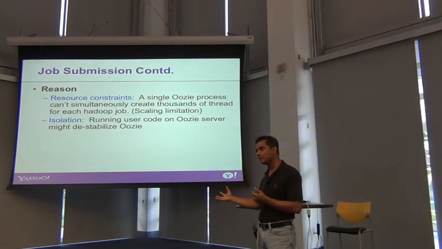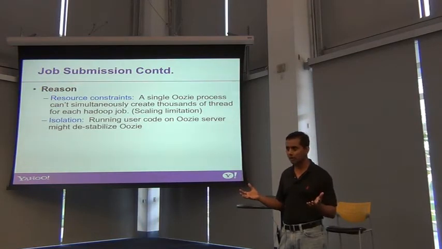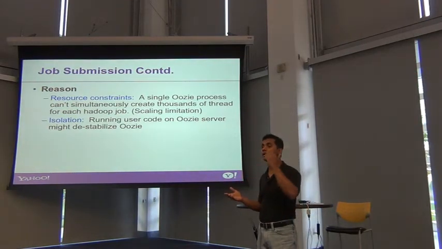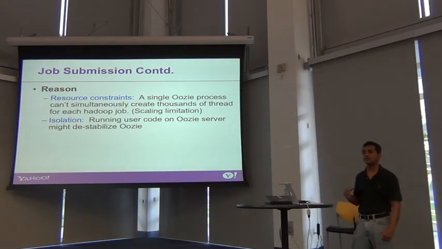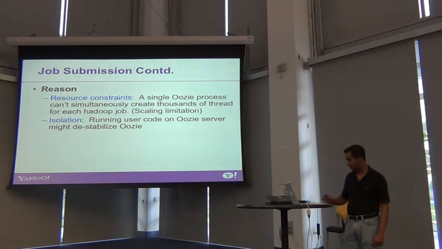Now, if we run the user code on our system, it will create another layer of possible problems. We have to handle user errors. They could throw a null pointer exception, they could destabilize our whole system, and that can impact other users too. So from this thinking, we found out isolation is a very important feature, and we cannot run the user code in the Oozie process itself.